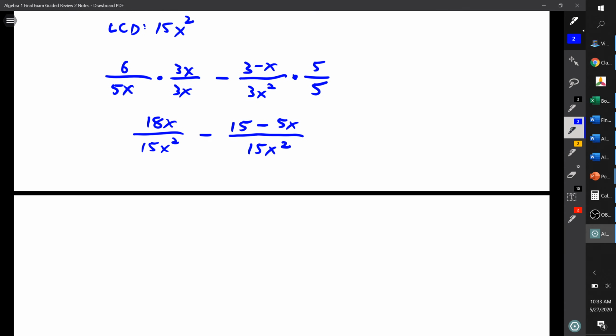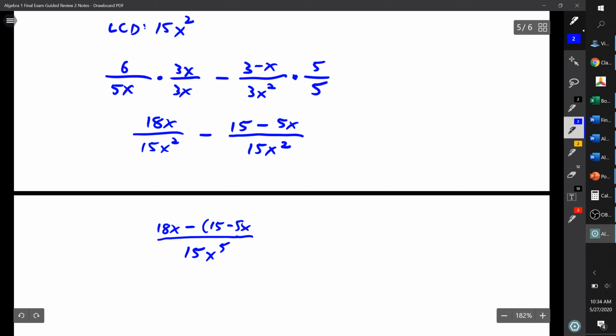Now we can combine this into one fraction, but be very careful with the subtraction. So I'm doing an 18x minus parentheses 15 minus 5x because we're subtracting that whole numerator.